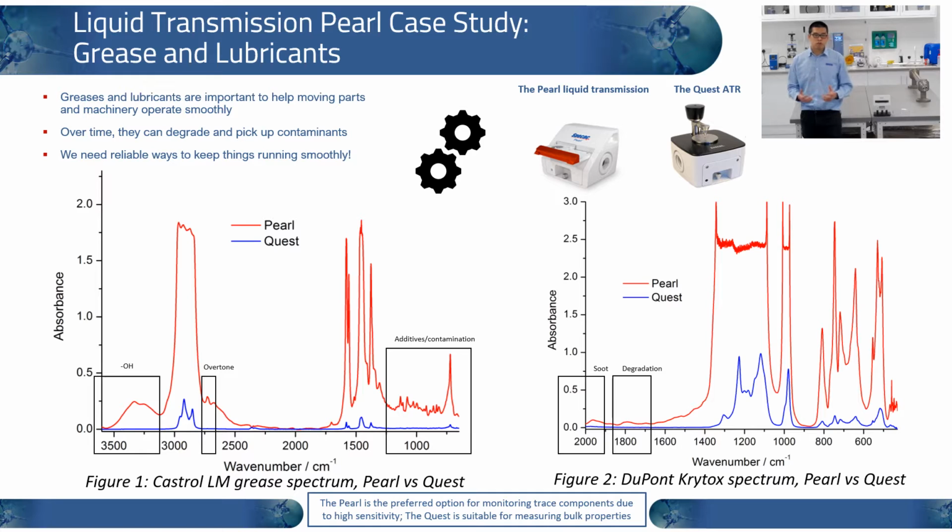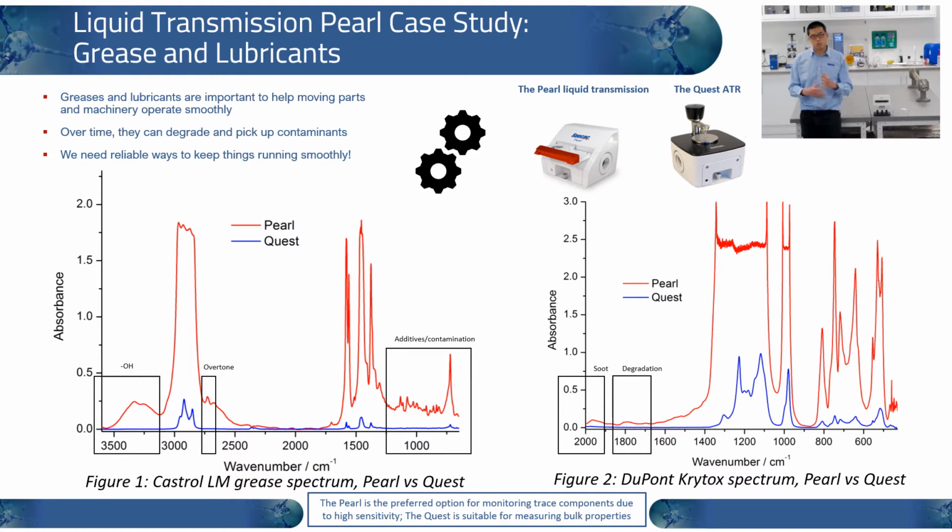So as mentioned before, when comparing the Pearl and the Quest single bounce ATR, for example, because the Pearl uses a liquid transmission technique, very often the absorbance intensity will be a lot bigger than the spectra collected by the Quest single bounce ATR. And so the Pearl will be more ideal for monitoring trace components due to this high sensitivity.